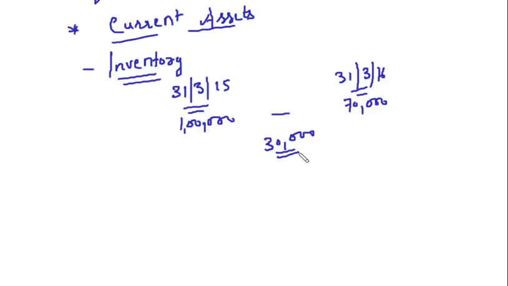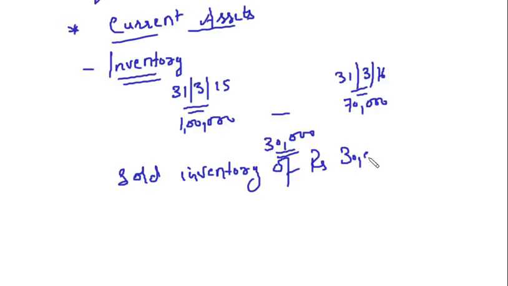This means that we have sold inventory of rupees 30,000. So if I have sold inventory of 30,000 during the year, this is what? Cash inflow for me.